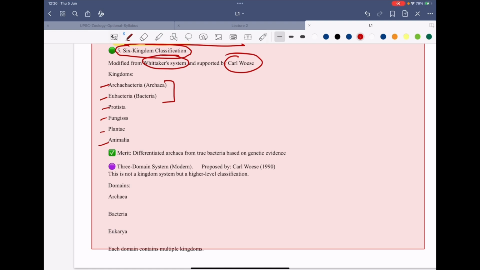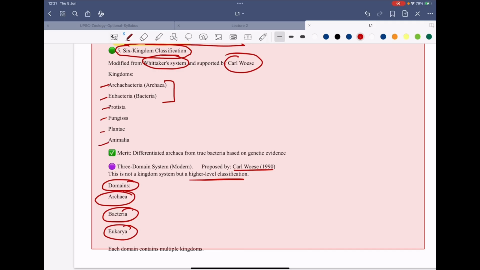Then we have the three domain system. The three domain system was proposed by Carl Woese in 1990, and it is not a kingdom system but a higher level of classification. It contained three main domains. First domain was archaea, second one was bacteria, third one was eukarya.